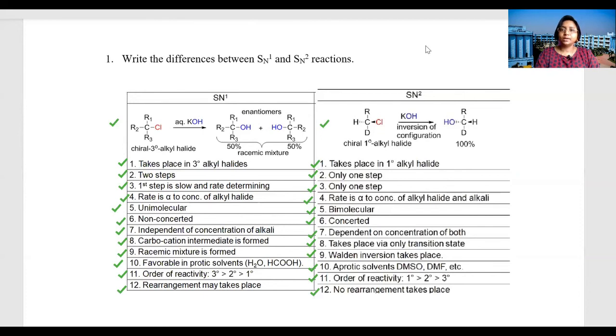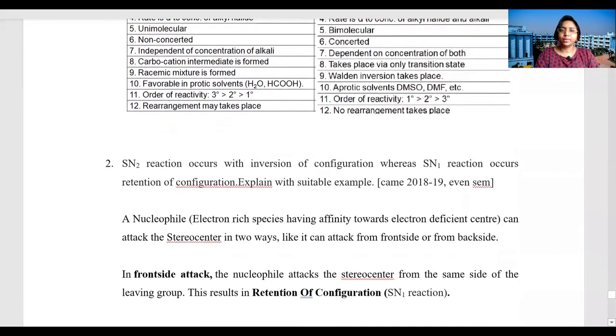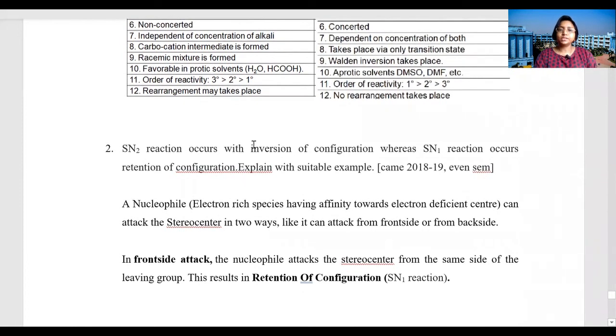So you have learned lots of differences between SN1 and SN2. The next question is: SN2 reaction occurs with inversion of configuration, whereas SN1 reaction occurs with retention of configuration.